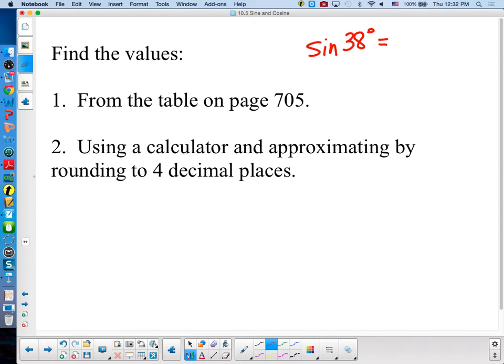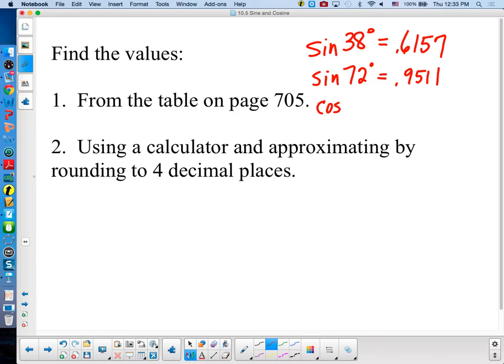Open. 0.6157. I think that was correct. Okay, let's find the sine of 72 degrees. Tara, what'd you find? Correct.